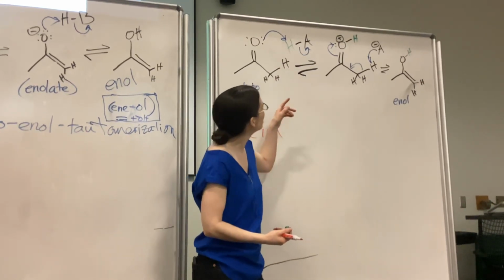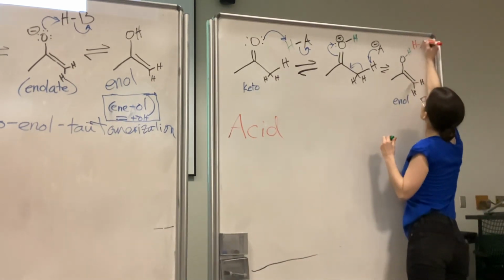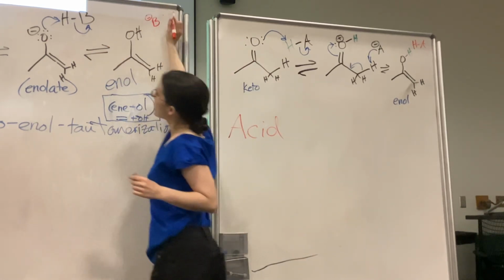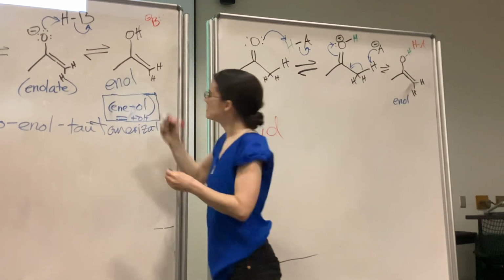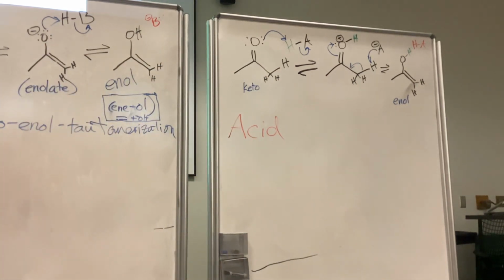So we regenerate HA at the end, we regenerate B minus at the end. So that's a catalyst, and we've done a rearrangement, not a reaction, just because it has the same number of everything.